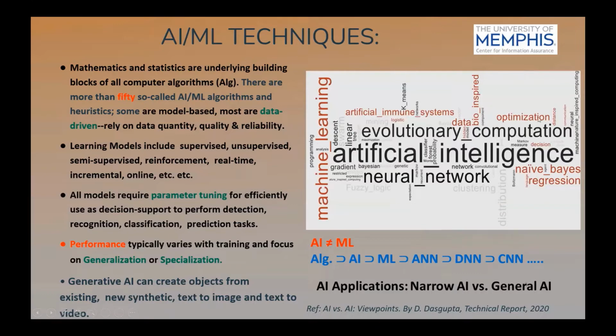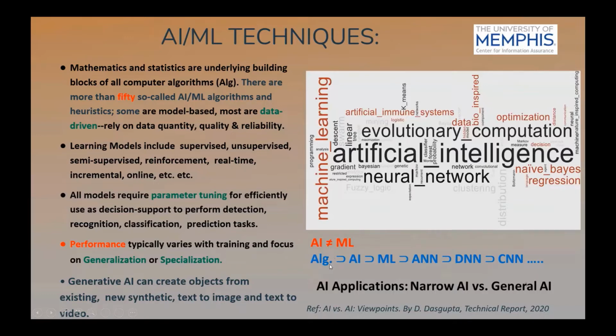Another thing is very important for newcomers to the field. You can see here there is a wide variety of algorithms, including neural network, naive Bayesian algorithm, regression, evolutionary computation, machine learning. But if we look at what falls under what, AI is not equal to ML. That's to be clear up front.